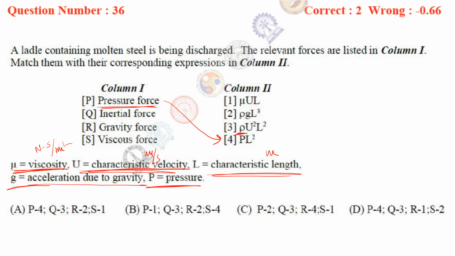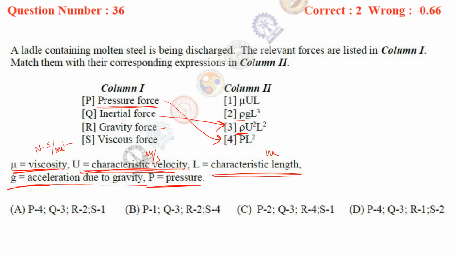So rho defines mass, and here also it defines mass in option 2. But in option 2, G is there. G basically comes in terms of gravity force. So 2 will not match with Q. So Q will match with 3. Now option 2, gravity force. Gravity force is because of the pulling of the earth.